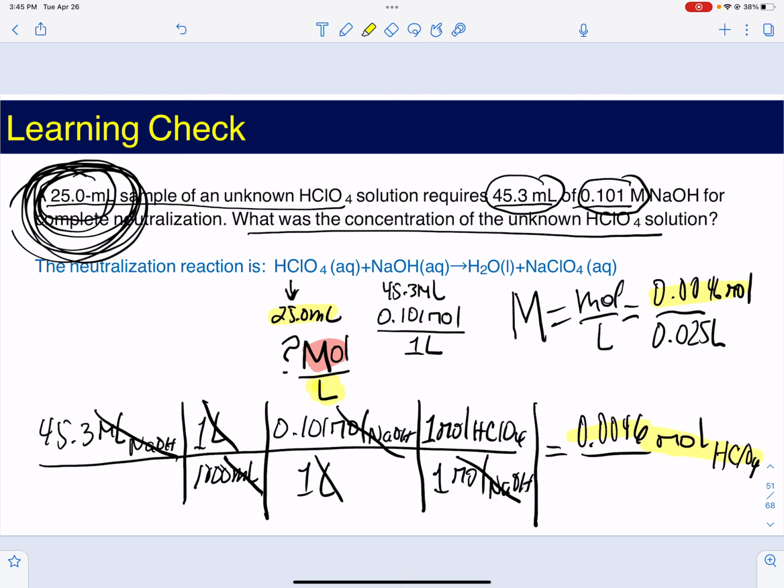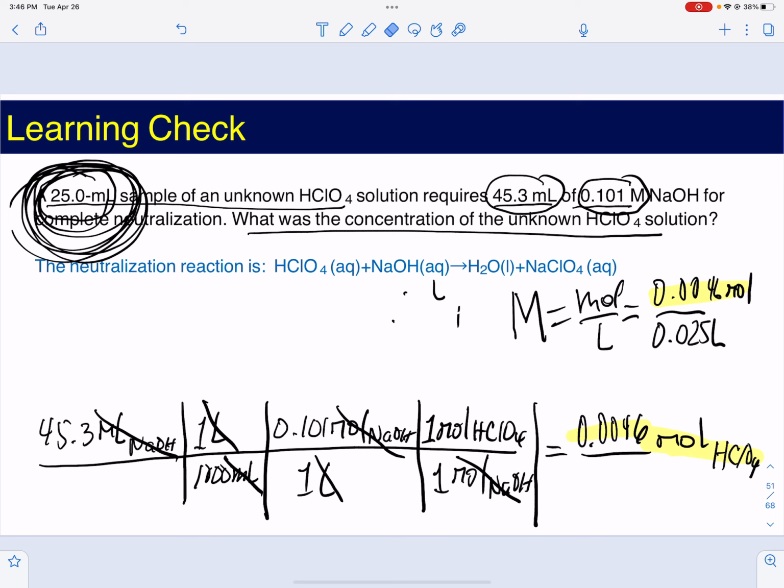And once I do that calculation, I can find out that the molarity for the perchloric acid should be 0.183 molar.